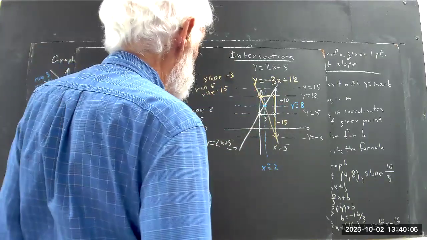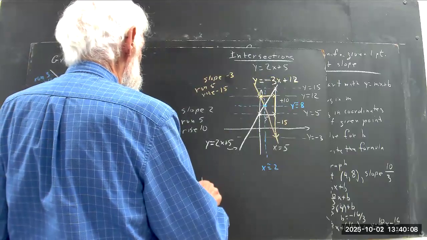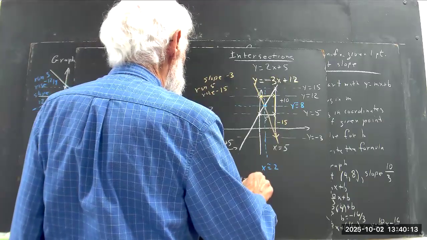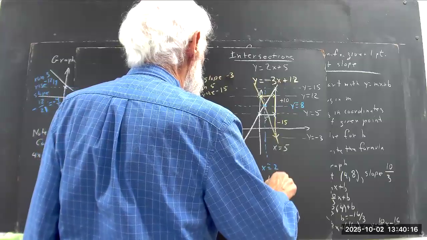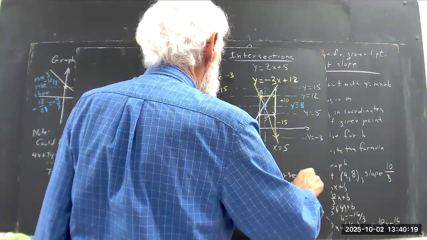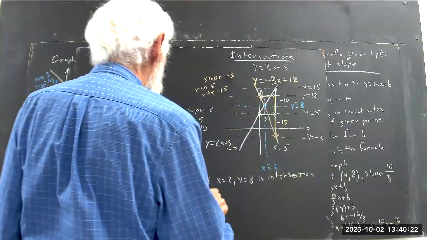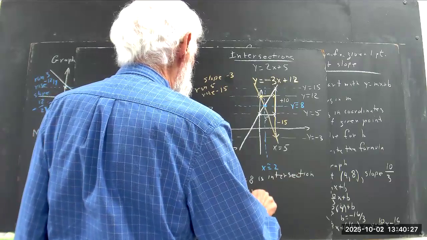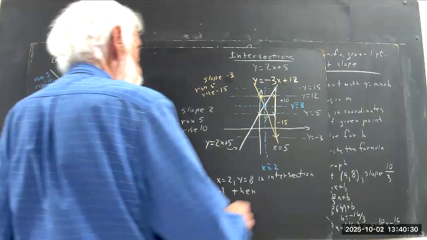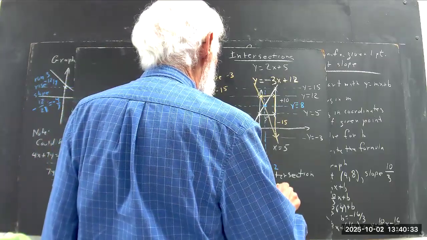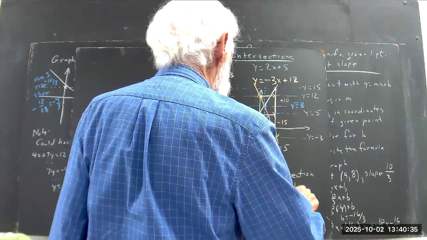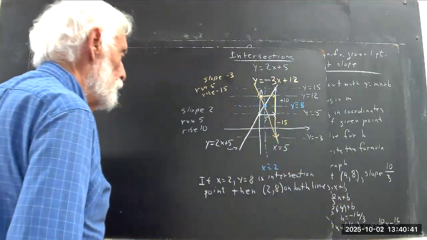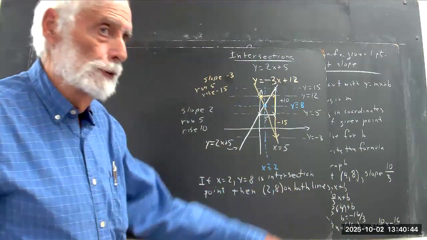If this is right, then the point (2, 8) is on both lines.